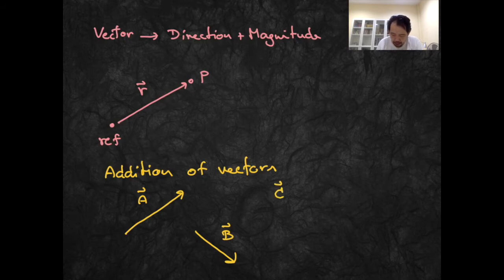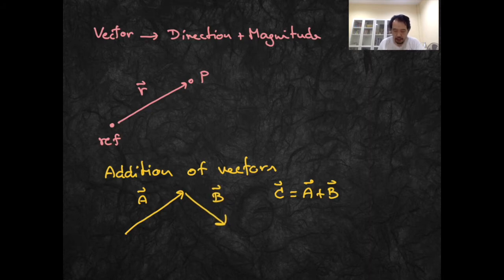We define that the addition of A and B will result as the new vector C. And the new vector C can be drawn by we put the tail of the vector B to the head of the vector A, and then we draw an arrow from the tail of A to the head of B, and we call this the vector C. So this is the addition of vectors.